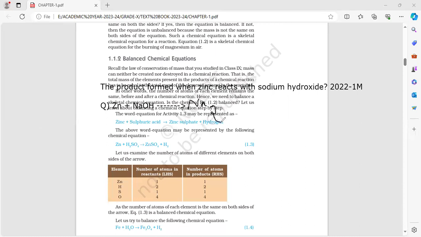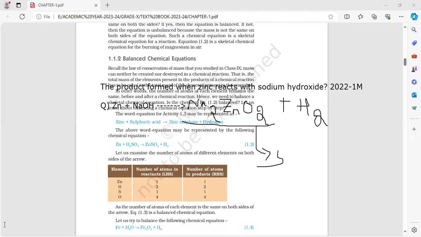Sodium zincate, Na2ZnO2, will form, and along with that, hydrogen gas comes out. So this is called sodium zincate.